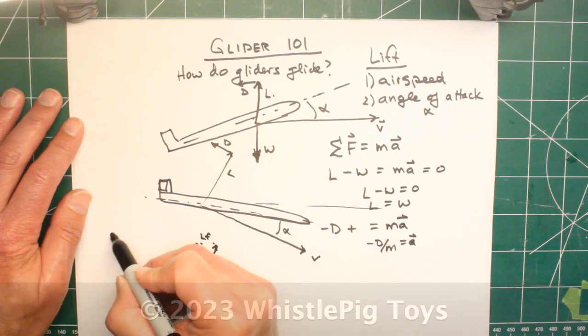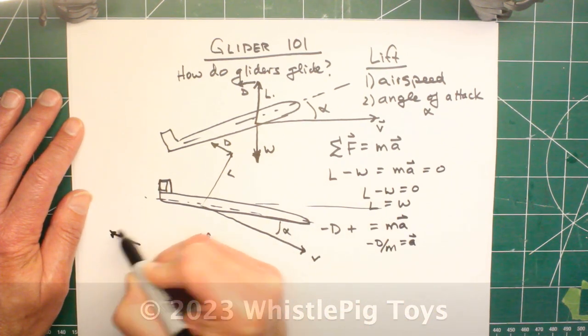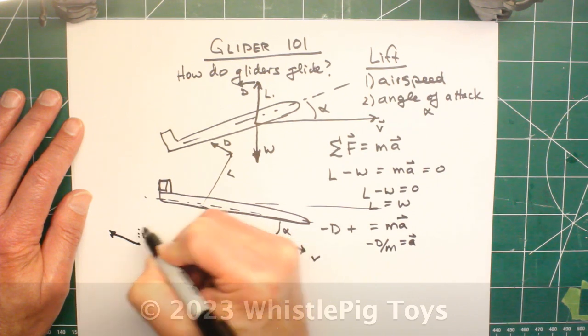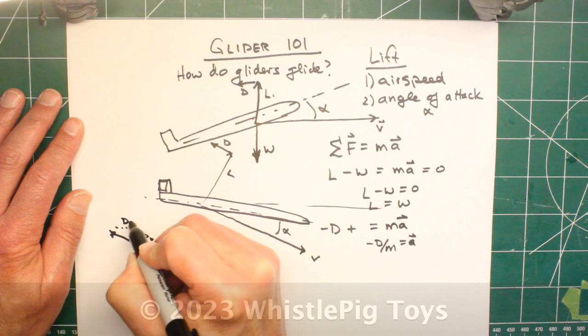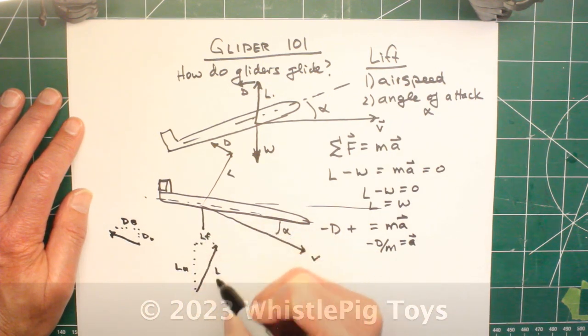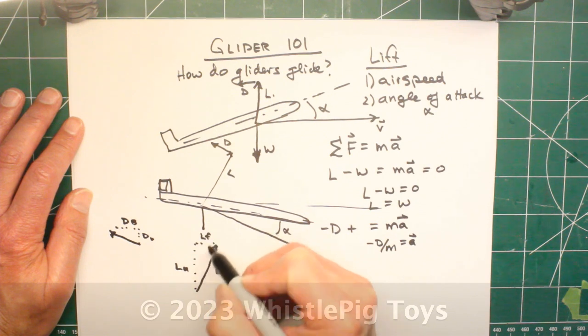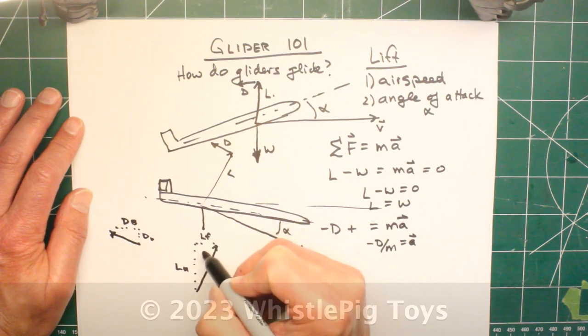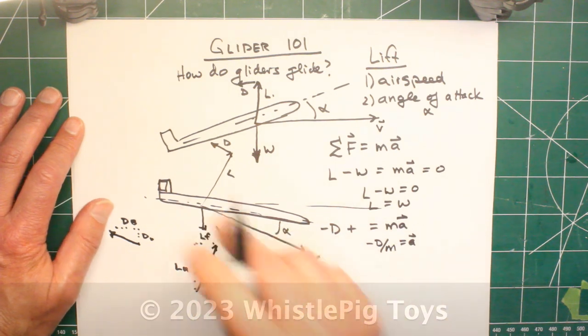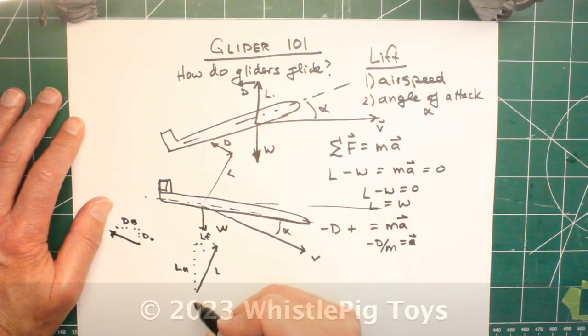Also, the drag vector, some of the drag is pointing up, and some of the drag is pointing backwards. And of course, we still have our weight. Didn't draw that in a great spot, but the weight hasn't changed. It's still pointing downwards. Just have to make that a little shorter because I ran out of room there. In fact, we'll just draw the weight right here.